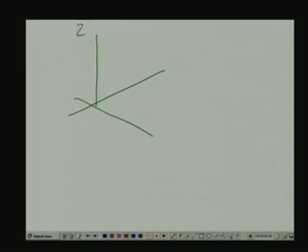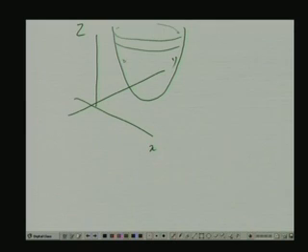Suppose this is the z axis, this is the x, this is y, and the function is like this. This is basically a surface. It is a bowl shaped curve.